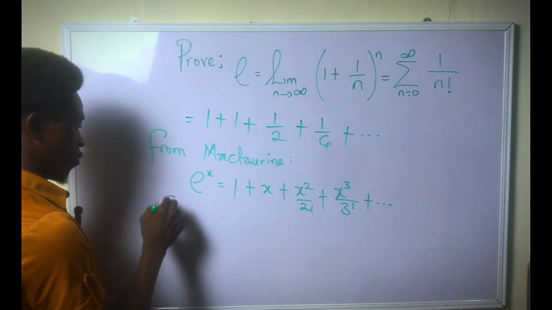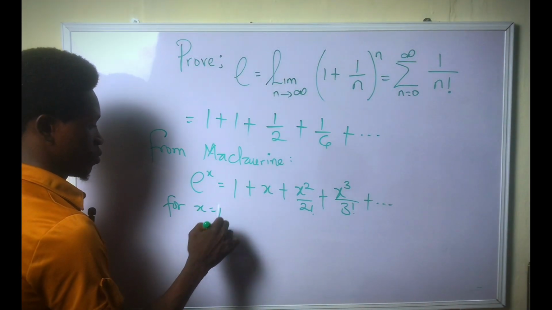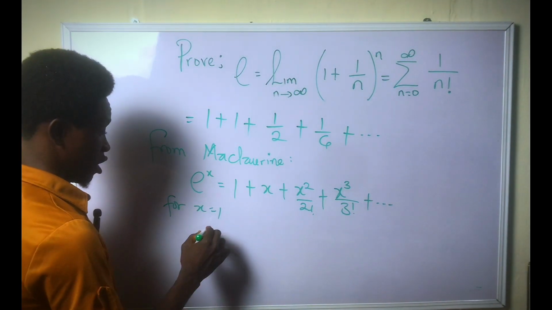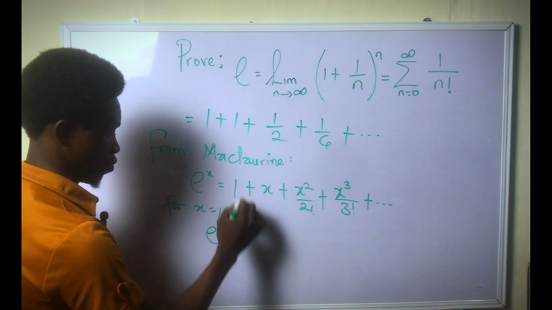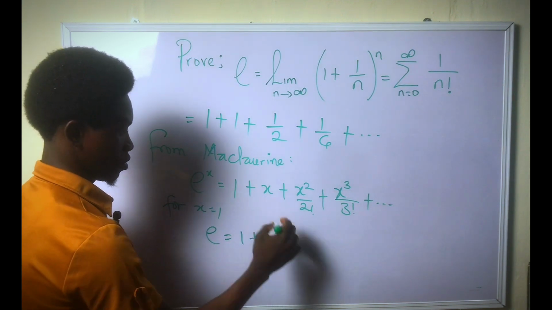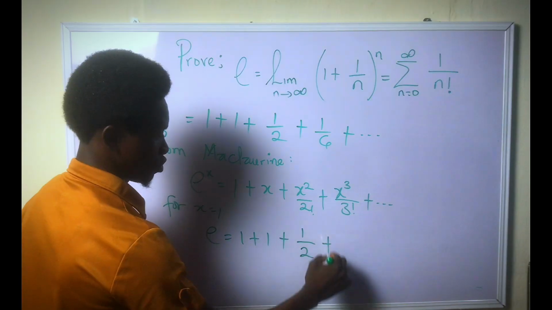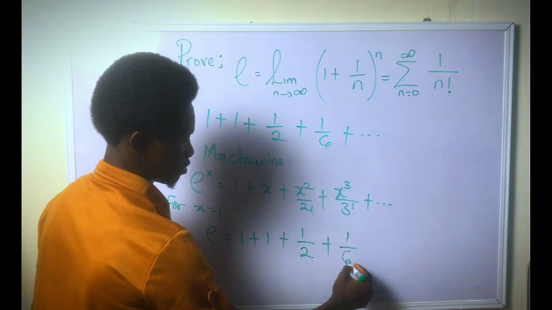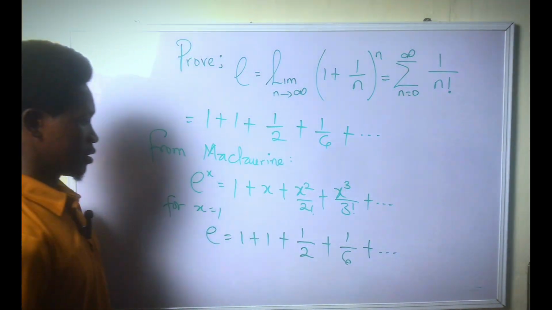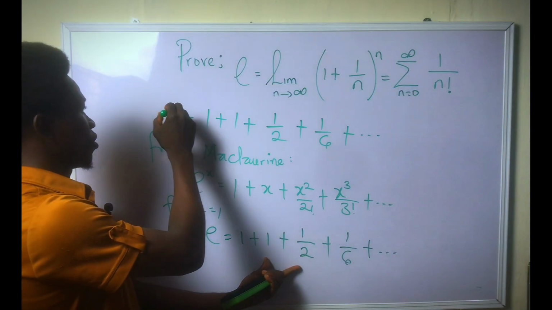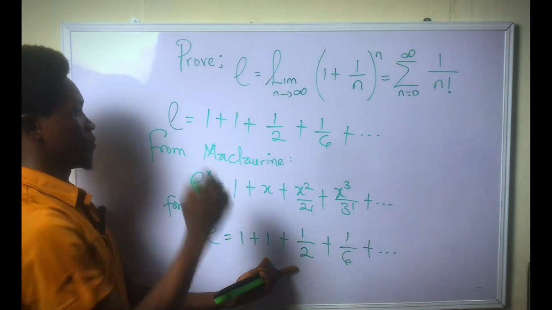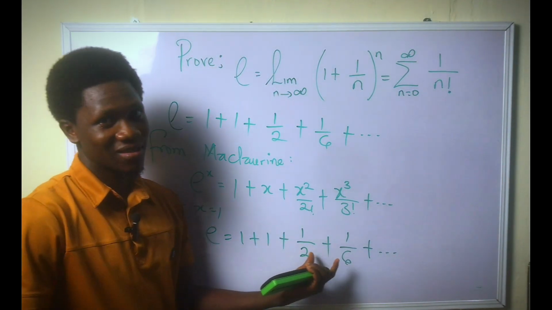So for x equal to 1, that will be e raised to power 1, that is still e. That's 1 plus 1, then plus 1 squared over 2 factorial, which is 1 over 2, then this is 1 over 6. You can see that this here is still what we have here. So I can say this is e, and that proves it.